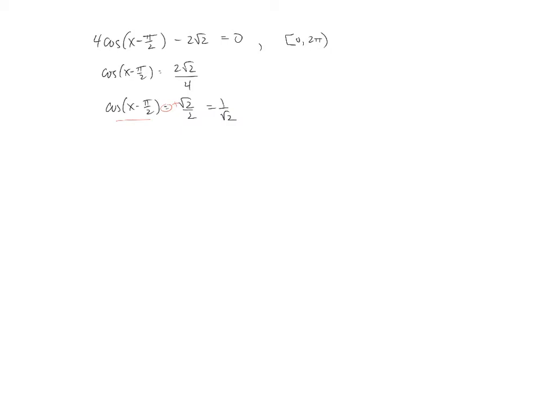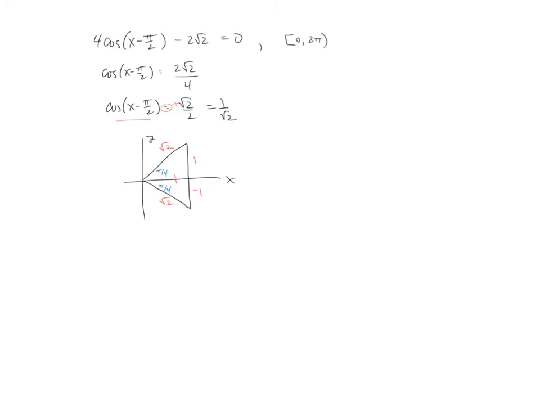So cosine's positive in quadrants 1 and 4. There's 1 and there's 4. This would be a 1 and a root 2, with these being 1s and -1s respectively. Suggesting our reference angles are pi over 4 on both of those.